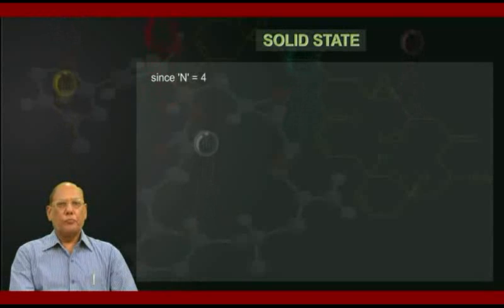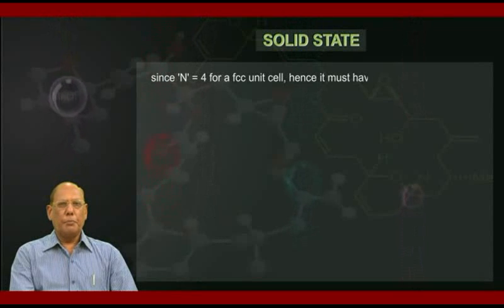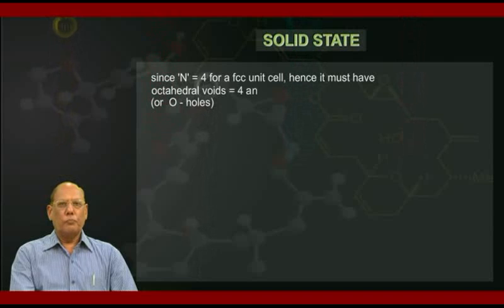Since n is equal to 4 for a FCC unit cell, hence it must have octahedral voids or O holes equal to 4 and tetrahedral voids or T holes equal to 8.